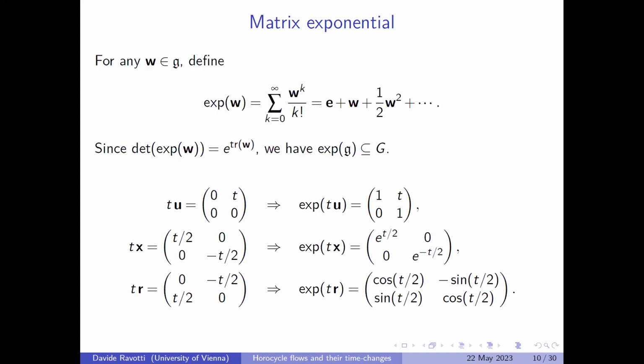So for example, phi t of u would be the multiplication on the right by this matrix. Phi x at time t would be the multiplication on the right by this matrix here. And phi r of t would be the multiplication on the right by this matrix here.